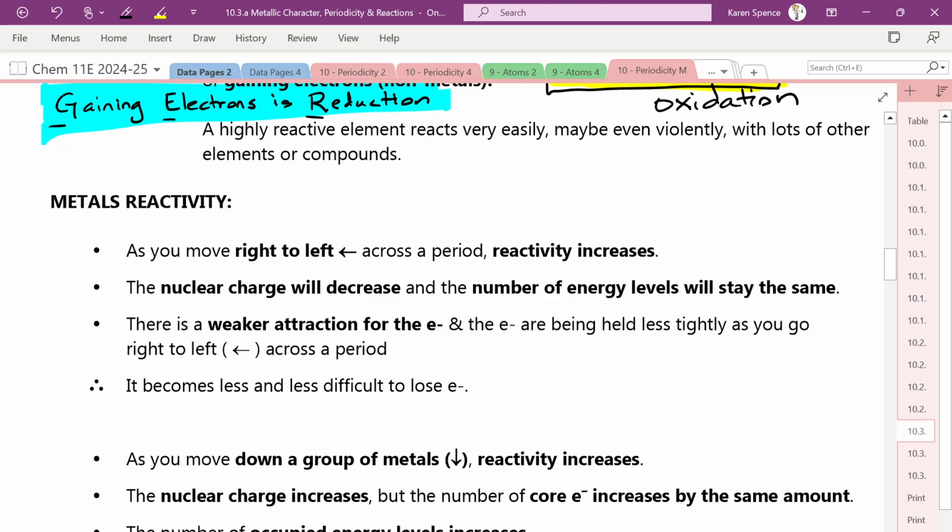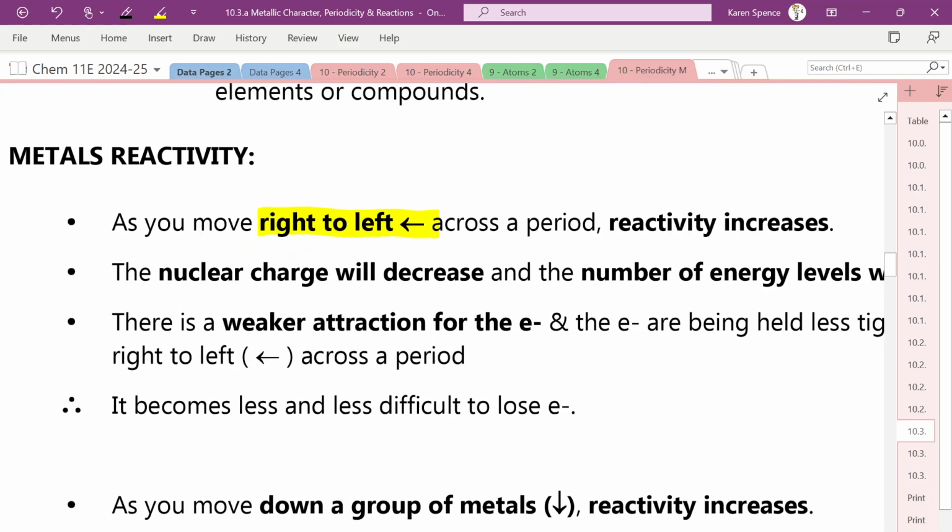As you move from right to left, reactivity increases. Why? As you move right to left, ooh, this is different. Reactivity of metals increases. What do metals do when they react?